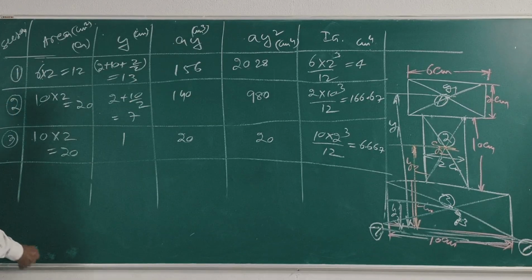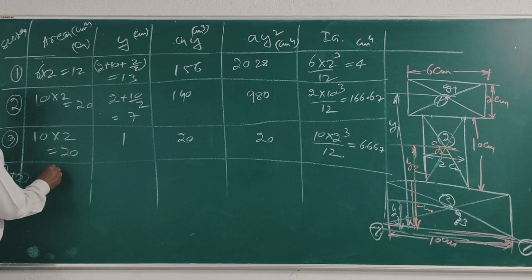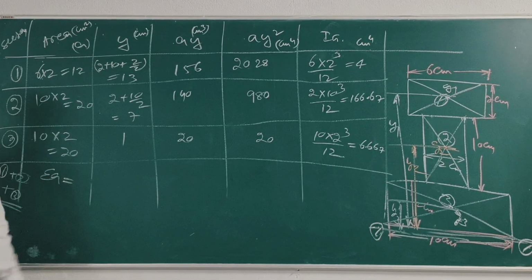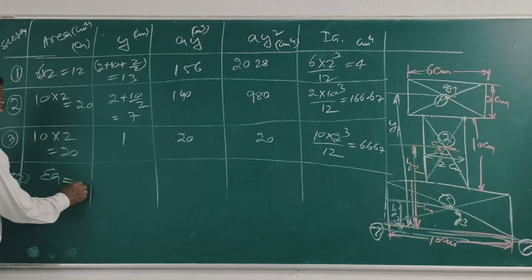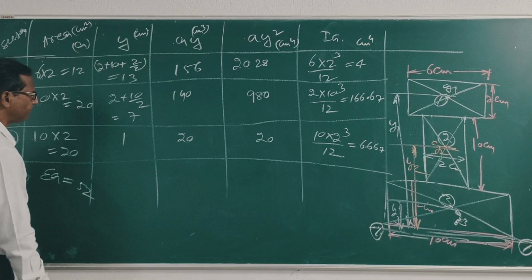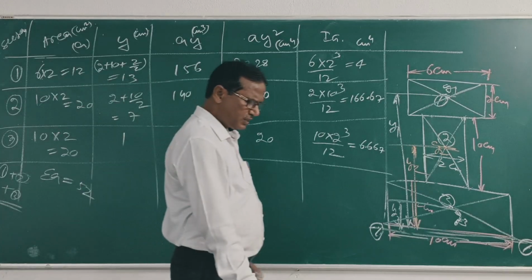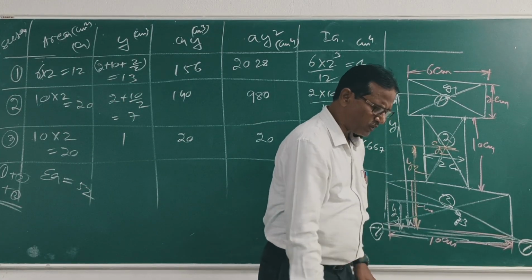Now, section 1 plus 2 plus 3. Sigma A is equal to 20 plus 20, 40 plus 12, 52 cm square. Sigma A is 52 cm square.